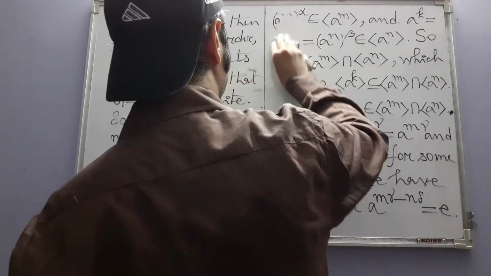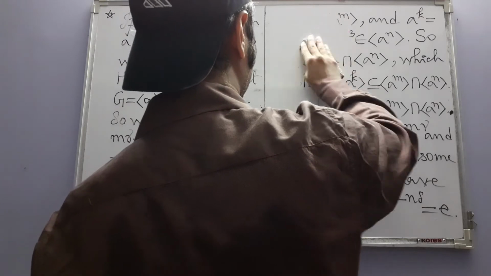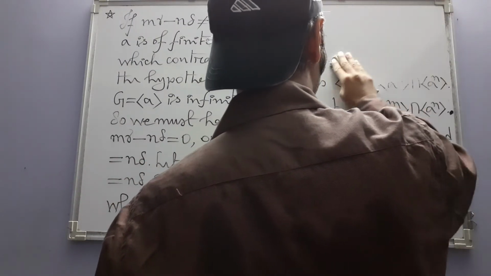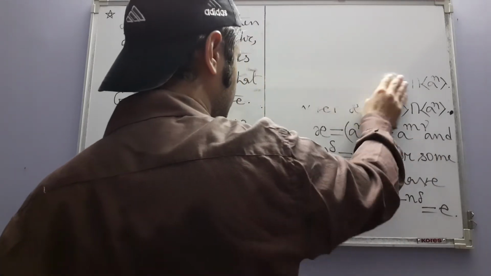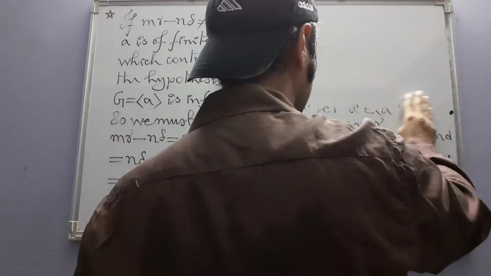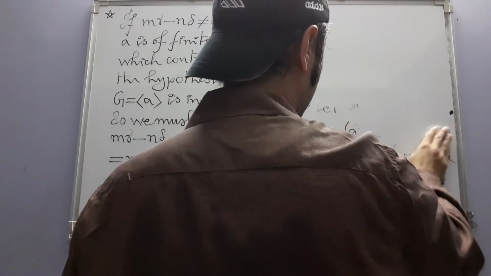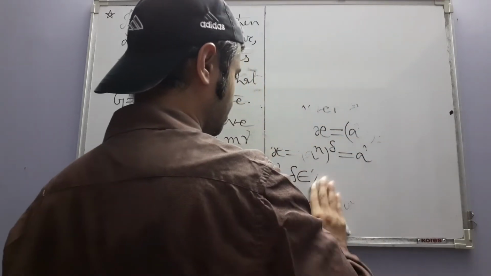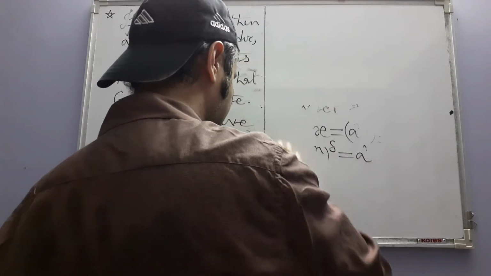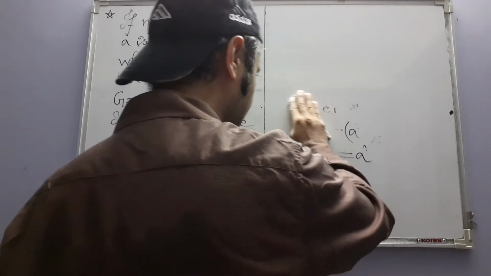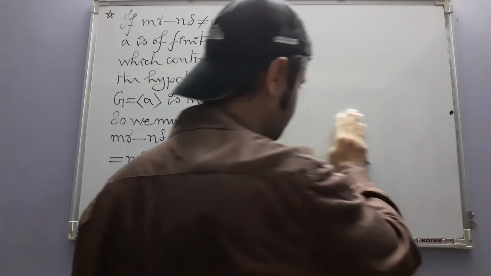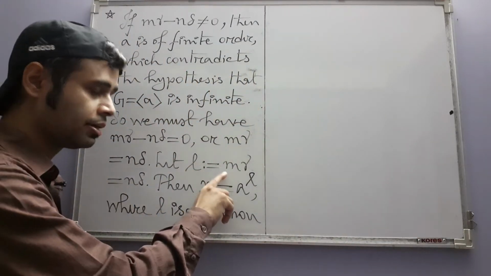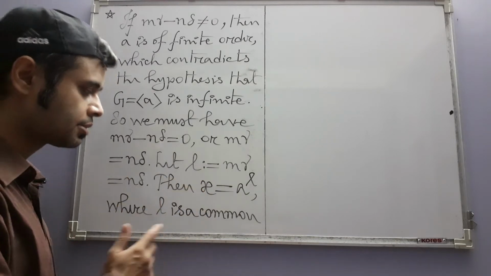And we write this because that makes us conclude something. The least common multiple of any two integers, when it exists, divides any other common multiple. So that means this L being a common multiple of m and n would be divisible by the least common multiple of m and n, that is k.